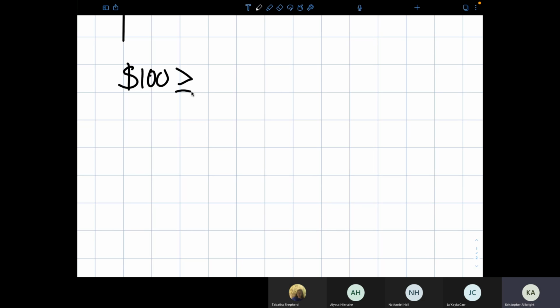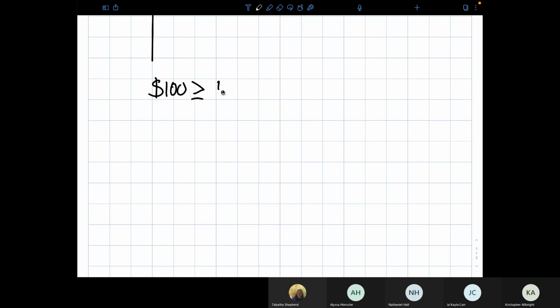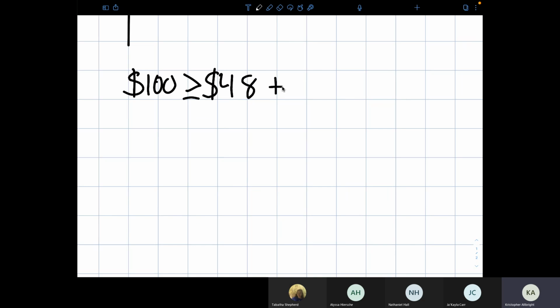So if it costs you $48 to set up, we're going to say $48 plus, and then this is the dependent variable, it's where our x goes. Our dependent variable here is how many people are coming to the party.